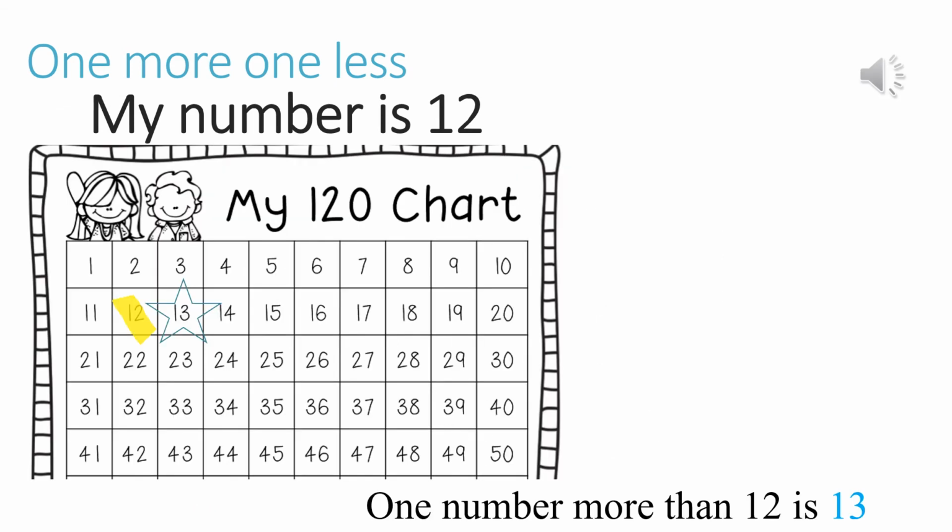I see that one number after is number 13. So if I say one number more, my number will be 13.